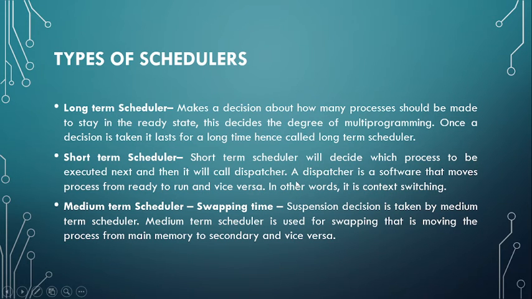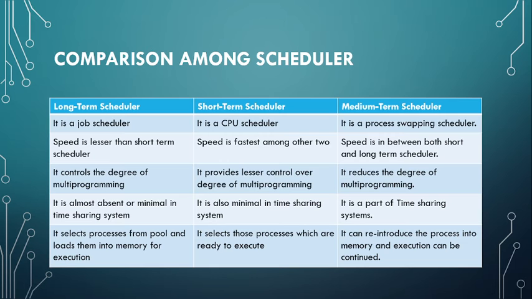A dispatcher is software that moves processes from the ready state to the run state and vice versa. And the medium term scheduler is performing the swapping here, that is, from the main memory to the secondary memory, and also from secondary memory to the main memory. So, these are the types of schedulers available.